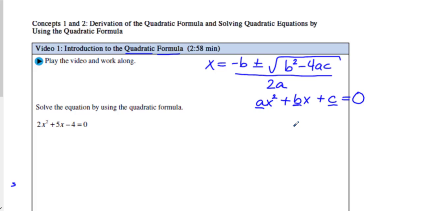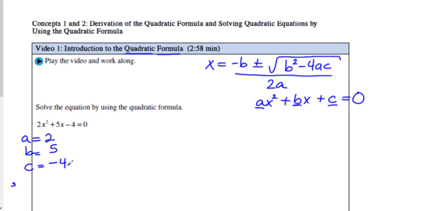Now you know why this is one of my favorite sections in the whole course. So let's look at this one. I've got 2x squared plus 5x minus 4. It's already set equal to 0. I like to write a equals 2, b equals 5, and c equals negative 4.